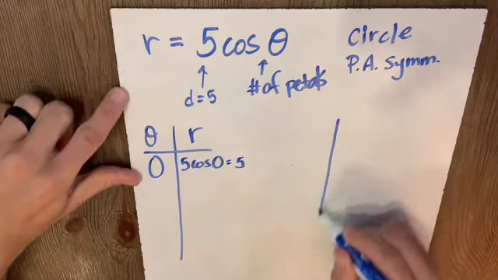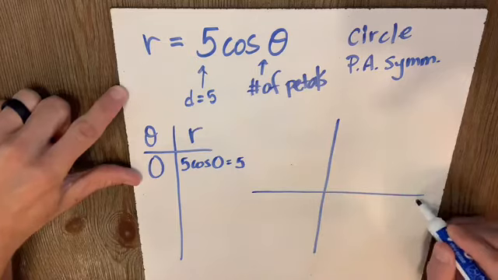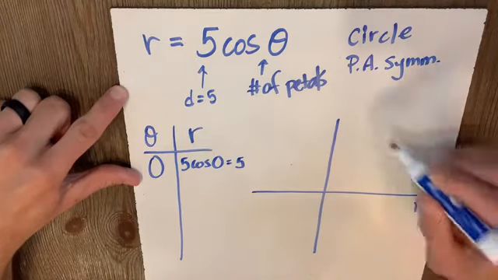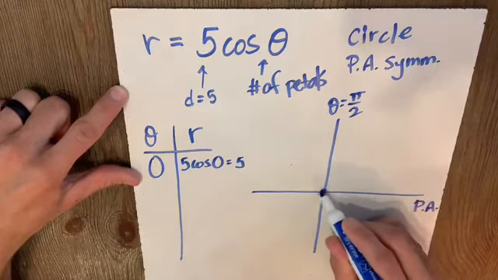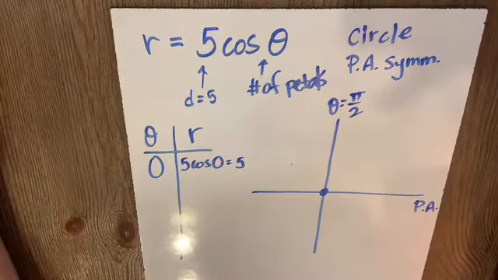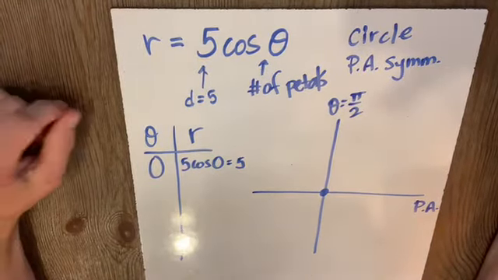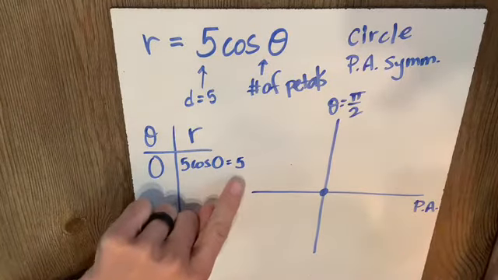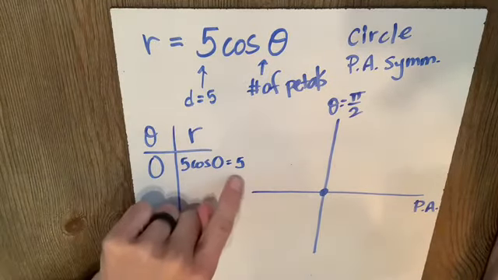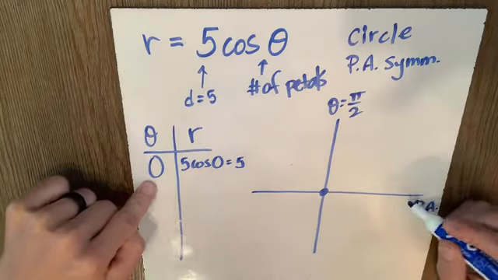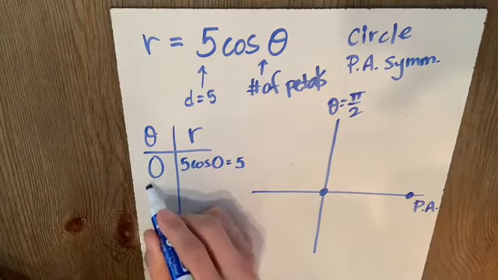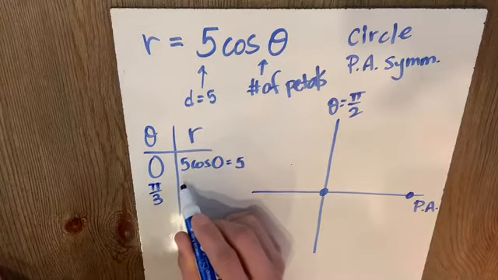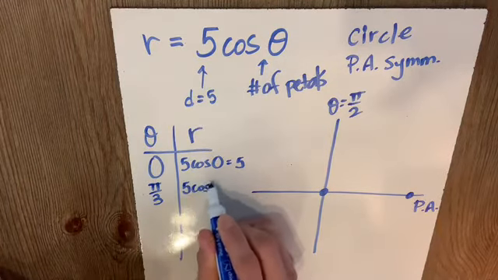So if I'm going to graph this in polar form, where this is my polar axis, and this is my theta equals pi over 2 axis, and I've got the pole here, still 0, 0 for r, theta. Well, our point here, r, theta, is 5, 0, a directed distance of 5 at a directed angle of 0. So that's out here. How about pi over 3? 5 cosine of pi over 3.